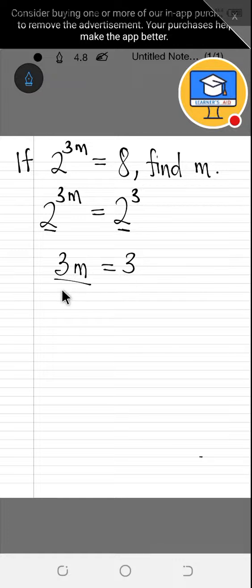So we divide this by 3, we divide this also by 3. So m equals 1. Easy peasy. Yes, exactly. Okay. Now next question.